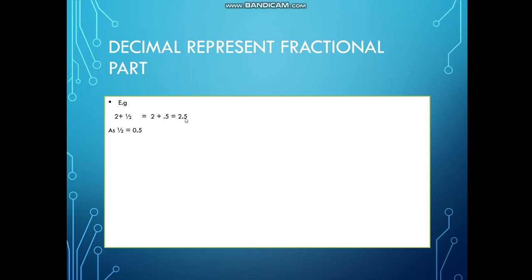But how will you represent it? Suppose I am taking the example 2.5. 2.5 means 2 plus half. I have written half as 0.5. So it would be 2.5.